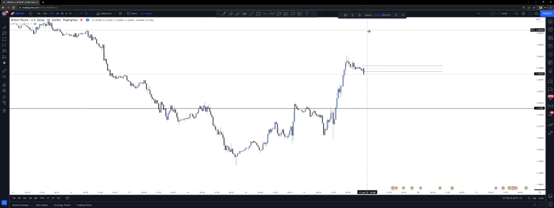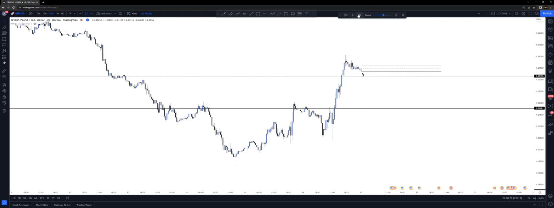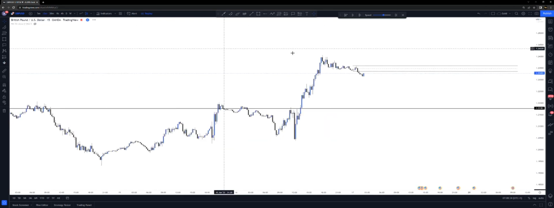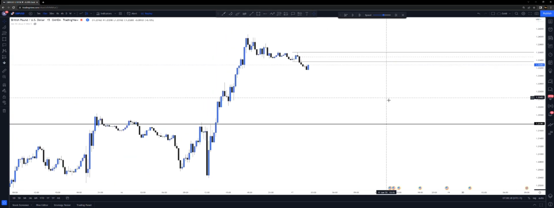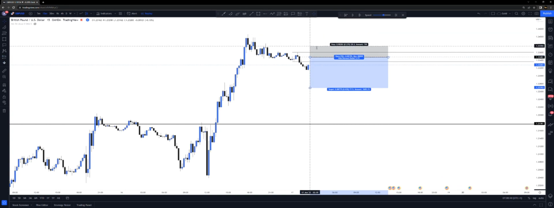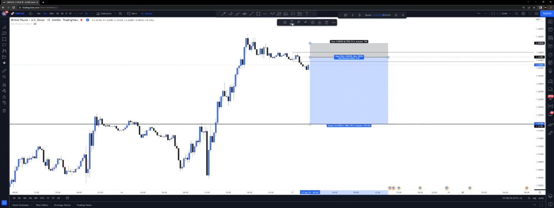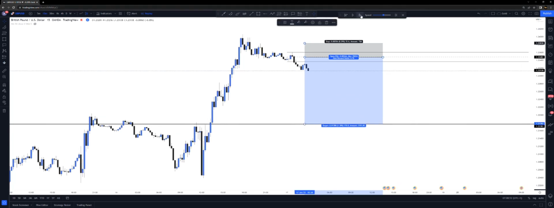Okay, perfect. So let's go on the 15 and see this more clearly. We're taking 50% of this institution candlestick target, since there's an imbalance right here. So let's see.